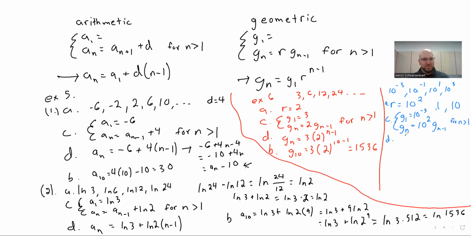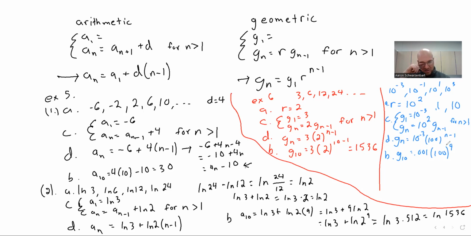My explicit formula, G sub n equals, this time I'm just going to write 100. And finally, I've got to get the 10th term, which is G sub 10. Ten minus 1 is 9. 100 to the ninth.